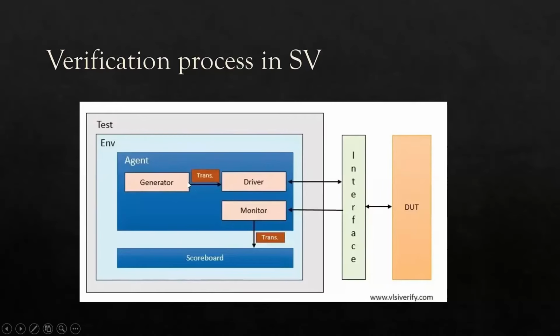So for example, the generator generates A value 1, B value 1. That will be transferred to the driver, and that AB value is transferred to the design. The design will process: if A is 1, B is 1, sum is 0, carry is 1. That will be driven by the design to the test bench.